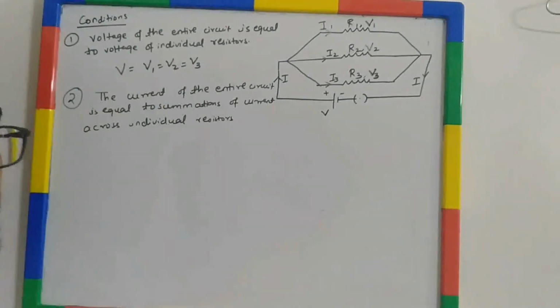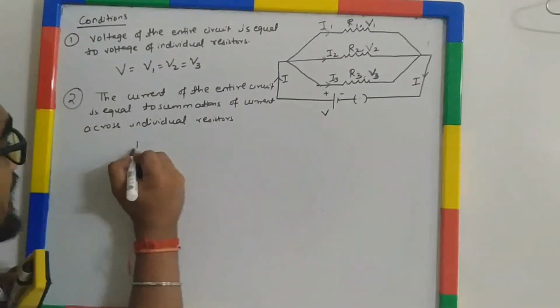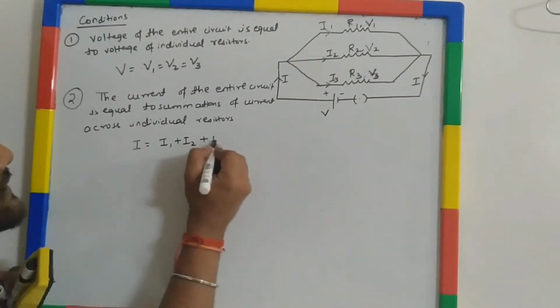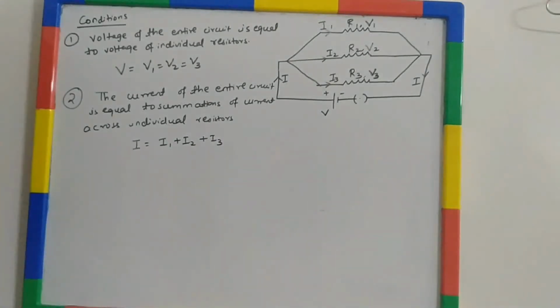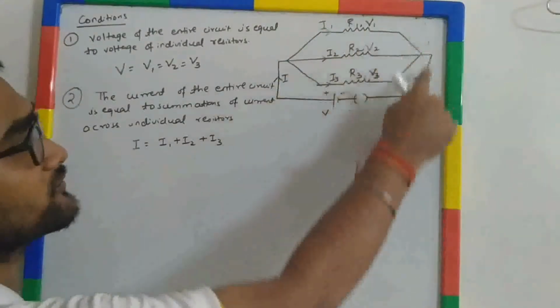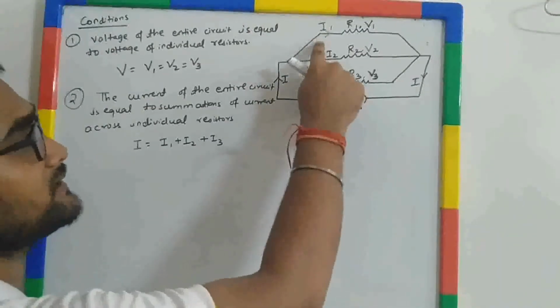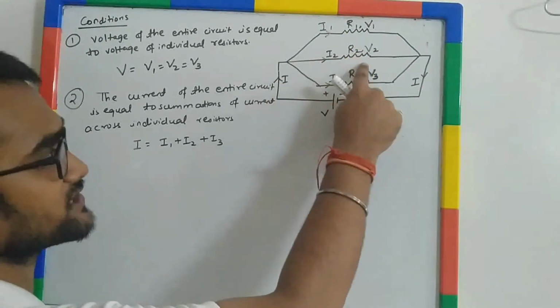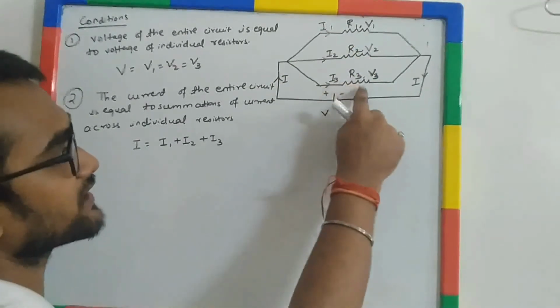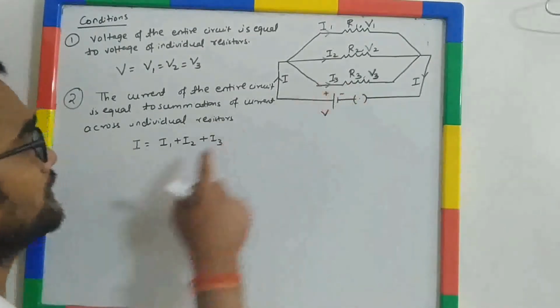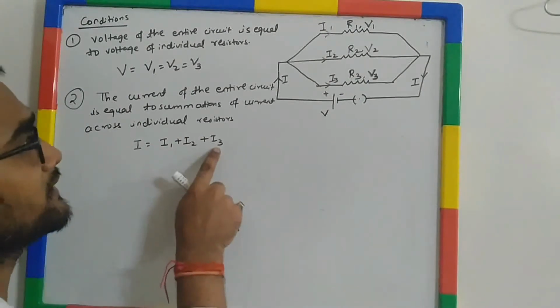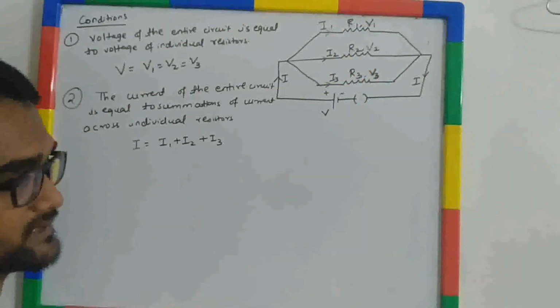The mathematical statement of this condition will be I is equal to I1 plus I2 plus I3. As you can see from this statement that I is the current of the entire circuit, I1 is the current across resistor R1, I2 is the current across resistor R2 and I3 is the current across resistor R3. So the current of the entire circuit is equal to the sum of the current across individual resistors.